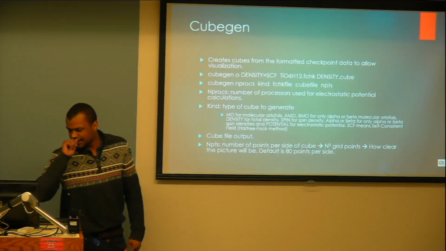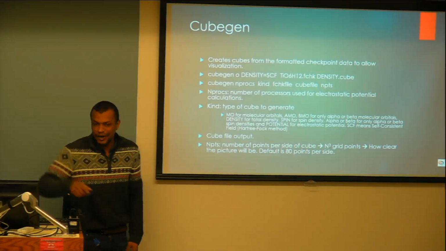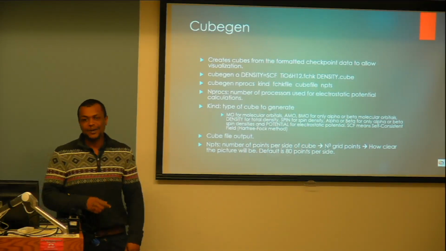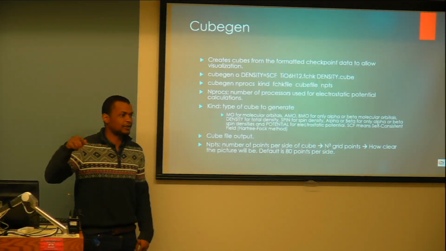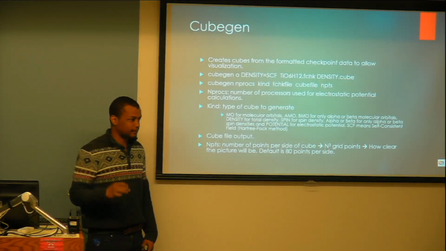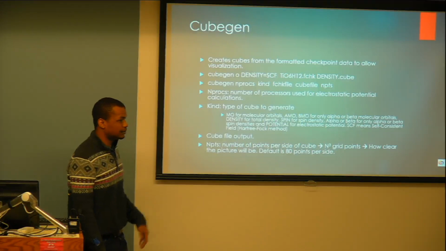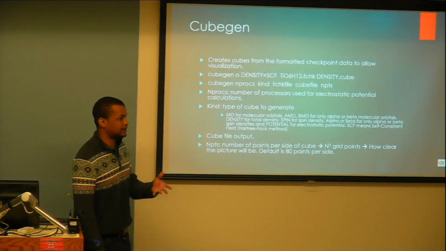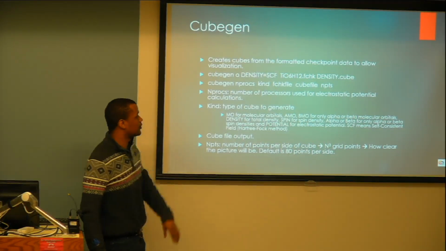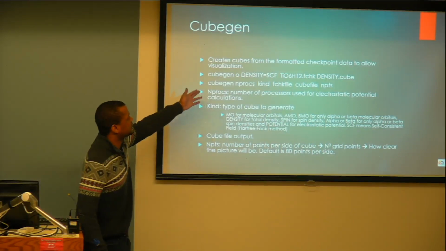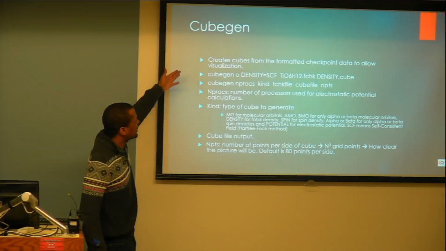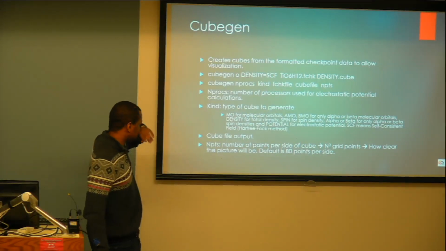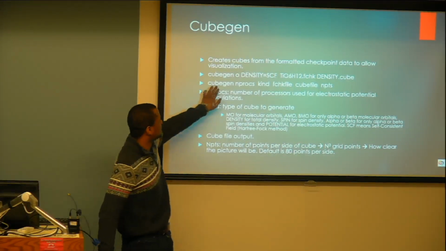For the molecular orbitals, like Raju explained, we have to type molecular orbitals equals the number of the molecular orbital that you want to visualize, even if it's the HOMO or the LUMO. But in the case of the charge density, you can type density as well. So cubegen is very useful, and this is how you use it, right?